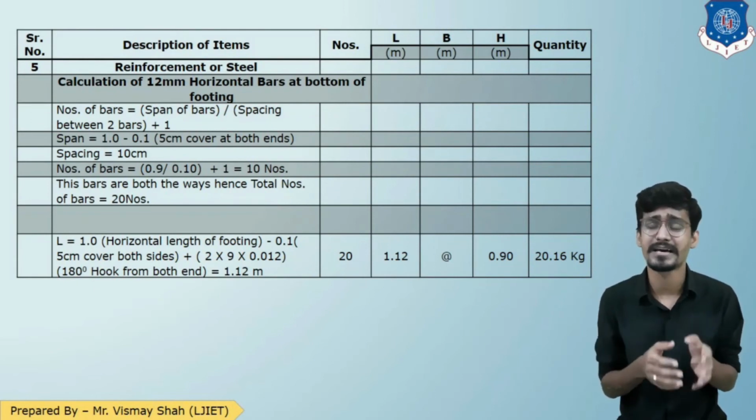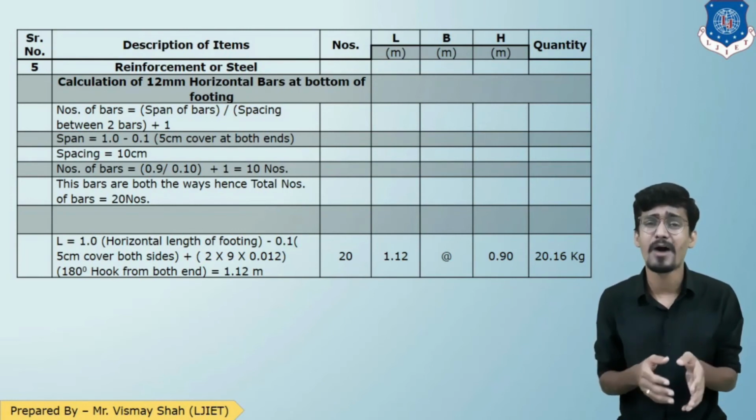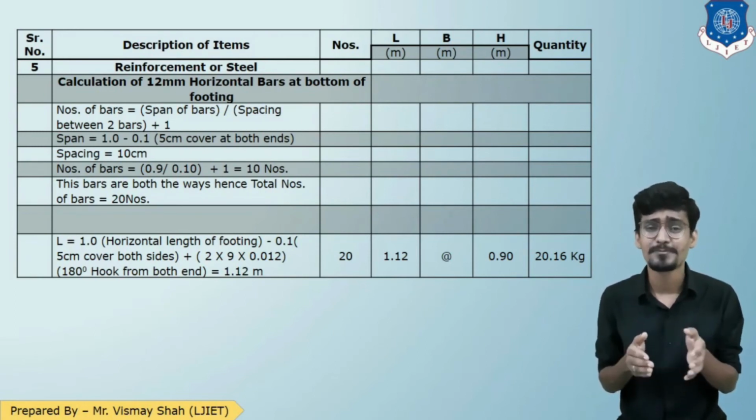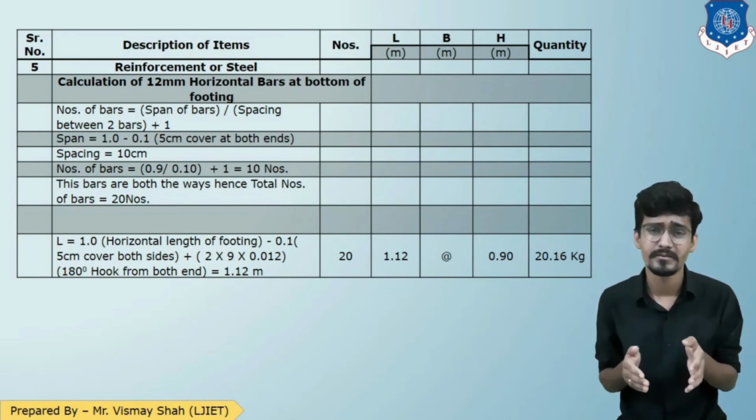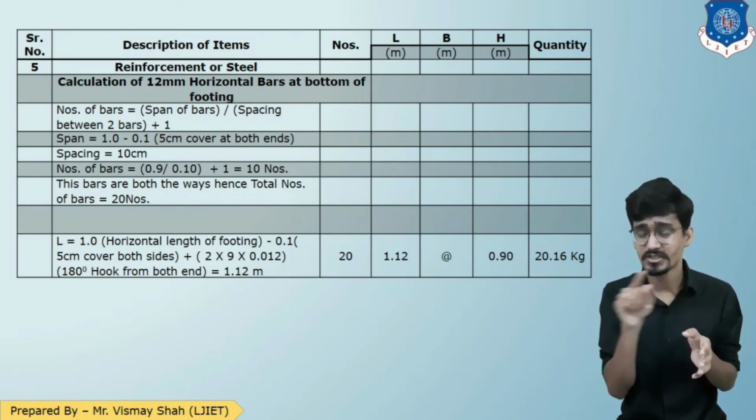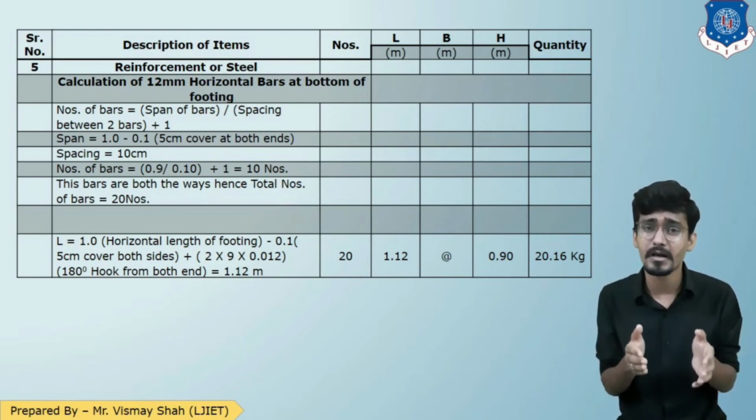Now moving forward, the next is 12 mm horizontal bars at the bottom level, having 10 centimeter center to center distance. First, we need to find out the number of bars. As we know, number of bars is equal to span of bars divided by spacing plus 1. Here, the horizontal width of the column is 1 meter.